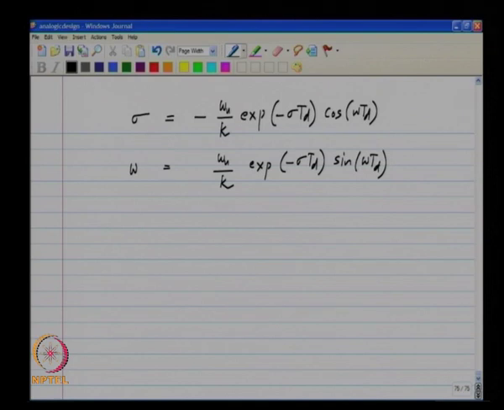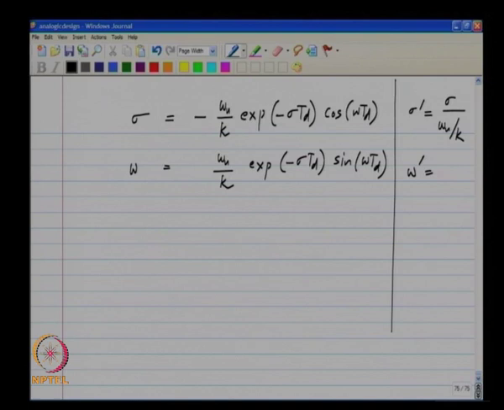Now, again I will normalize the terms, so that we will end up with dimensionless quantities. I will define sigma prime to be sigma normalized to omega u by k. Similarly, omega prime is omega normalized to omega u by k, and tau is Td normalized to k by omega u. Okay.